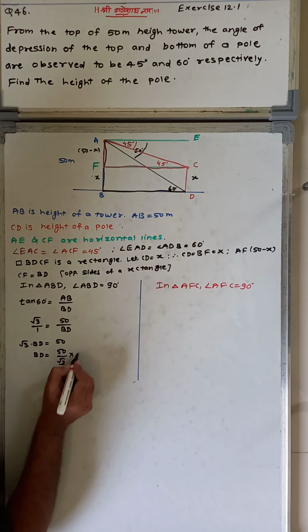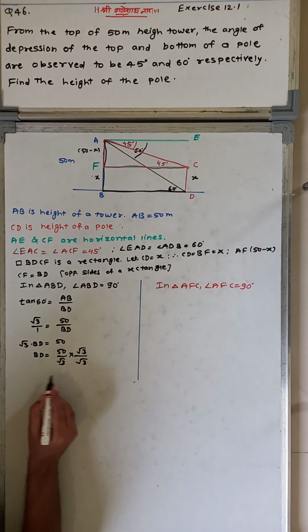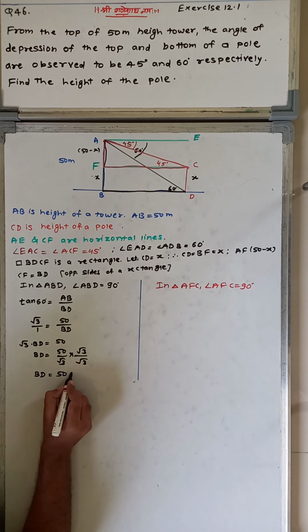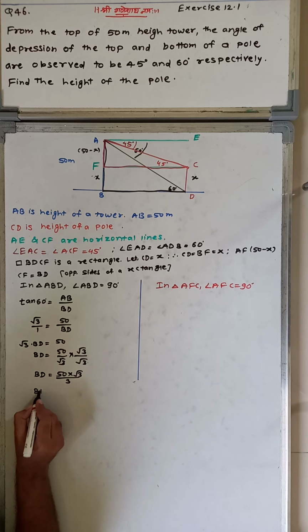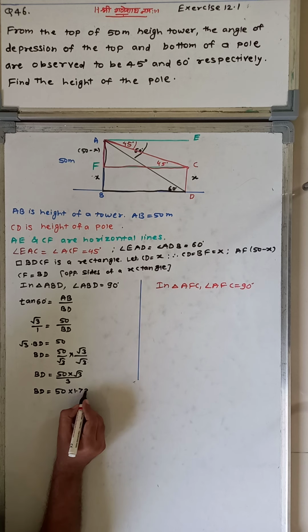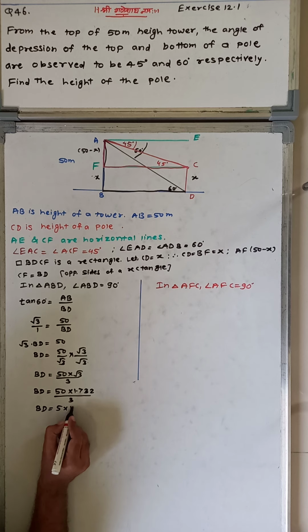Do the rationalization of the denominator. Numerator and denominator are multiplying by the root 3. Then BD is equals to 50 into root 3 by 3, means BD is equals to 50 into 1.732 upon 3. BD is equals to 5 into 17.32 by 3.